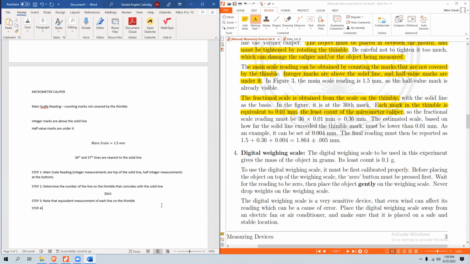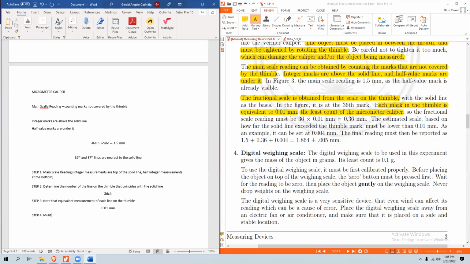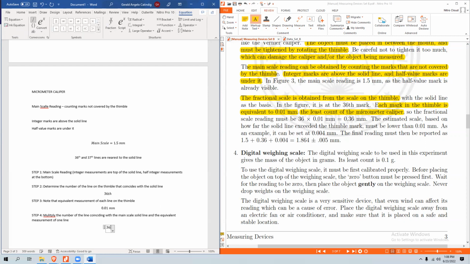Step 4, multiply the number of the line coinciding with the main scale solid line and the equivalent measurement of one line. Okay, so we have here 36 times 0.01 millimeters is equal to 0.36 millimeters.